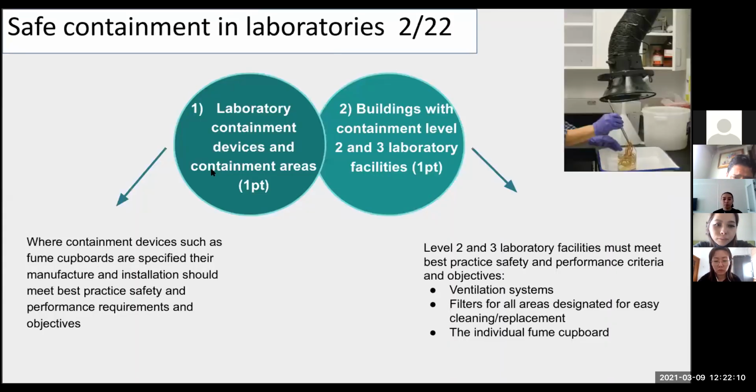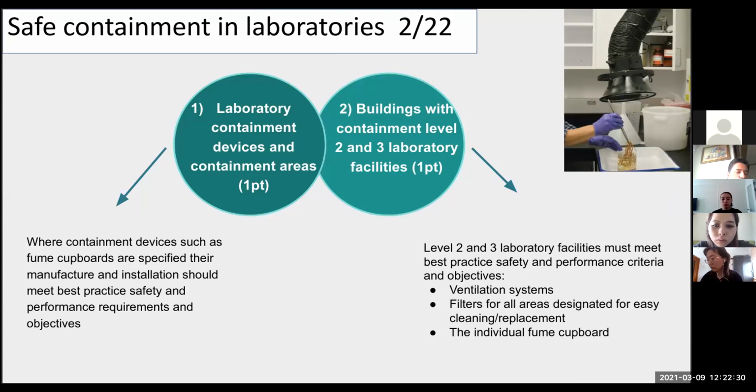The next and last subcategory is safe containment in laboratories. They have 2 indicators. The first is laboratory containment devices and containment areas, and the second is buildings with containment level 2 and 3 laboratory facilities.